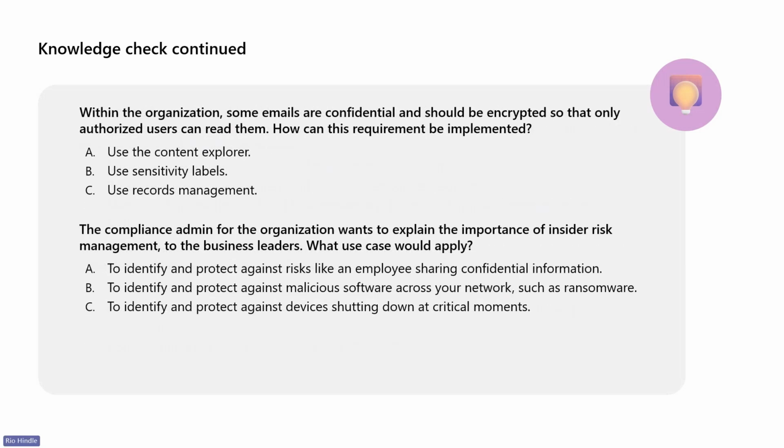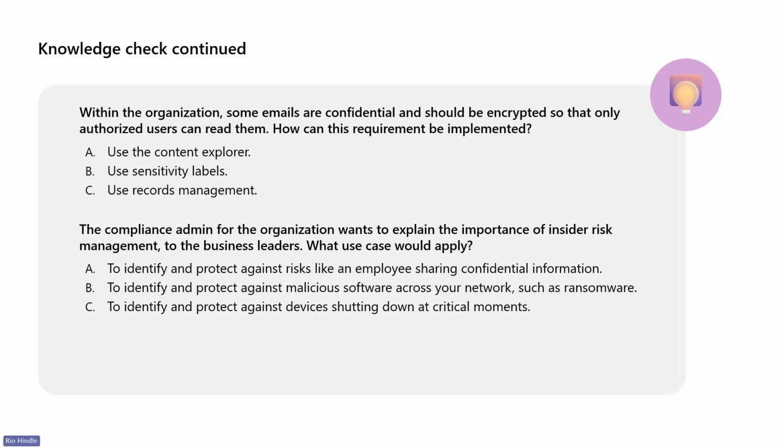Second set of questions. Within the organization, some emails are confidential and should be encrypted so that only authorized users can read them. How can this requirement be implemented? The records management we already talked about. Once again, process of elimination, right?